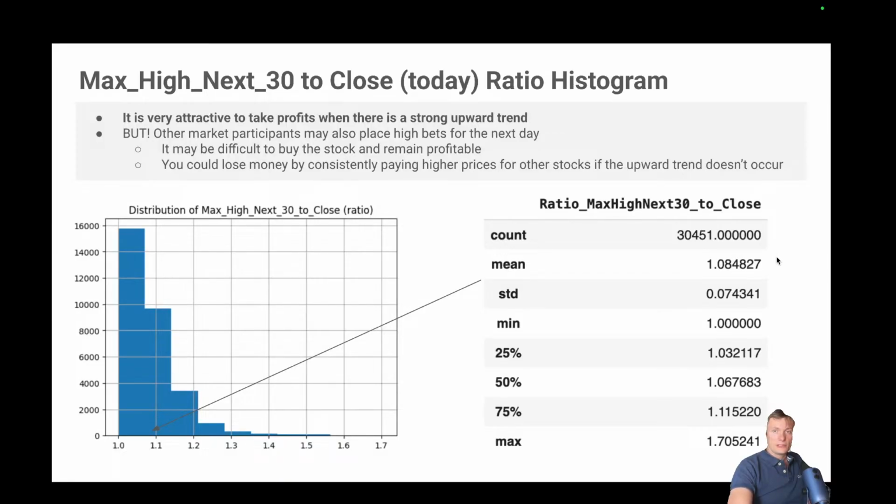So on average it was 8% of max high next 30 days to the close price. So that's the average volatility in the next 30 days. But sometimes stock can go up for 11%, 12%, or even 70%. So if you see stock going up 30%, you might want to sell it straight away.